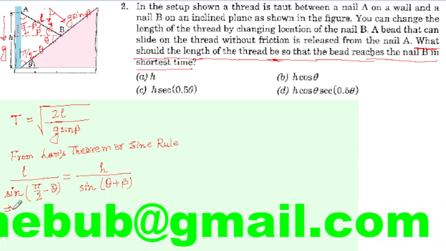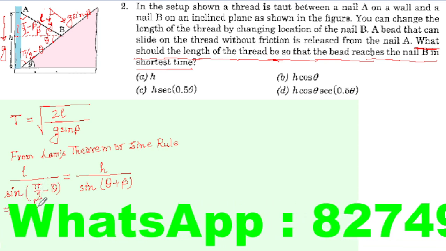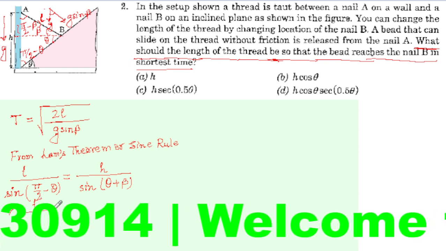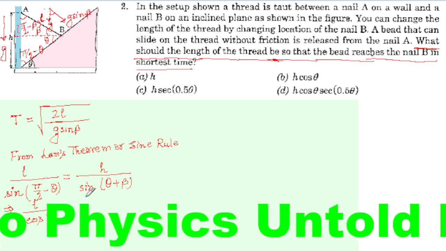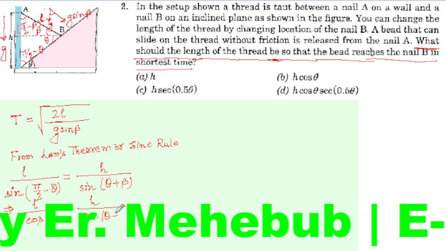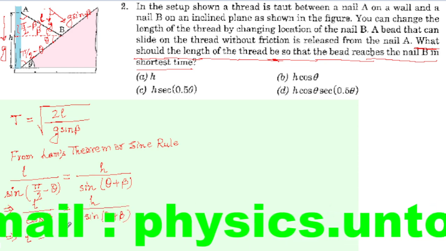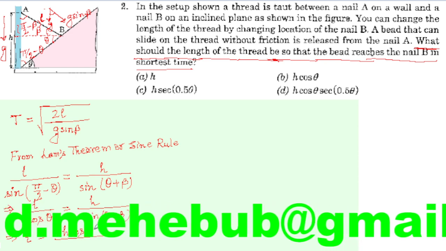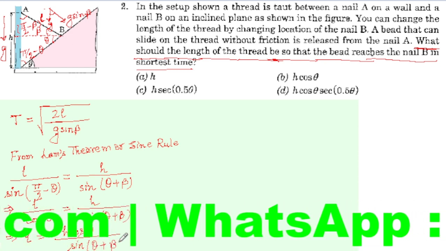After a little simplification, L divided by cos theta is equal to h divided by sine of theta plus beta, or we can write the length L as h cos theta divided by sine of theta plus beta.